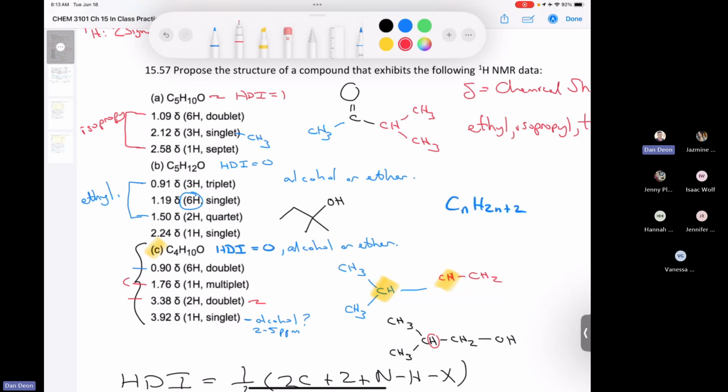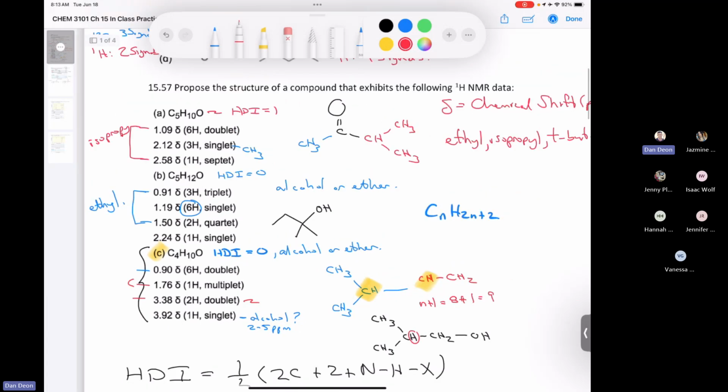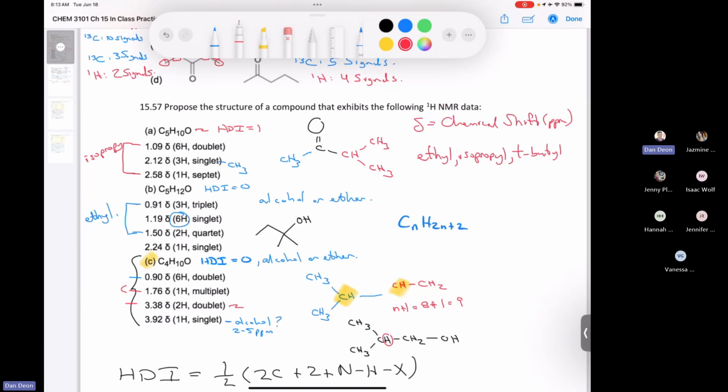It's actually split by 8 protons. So if you have neighbors plus 1 and you have 8 plus 1, that gives you 9, which would be what, a nonette? But that might be kind of hard to see. That's a lot of splitting, my friends. And so maybe a multiplet would be more appropriate for that. So this is really the only possibility.